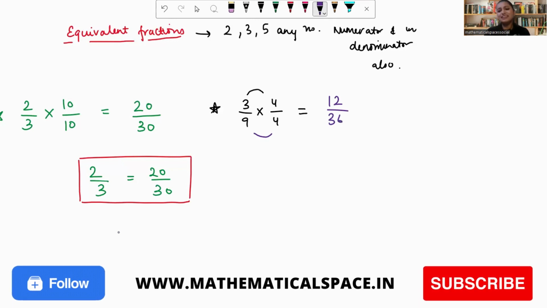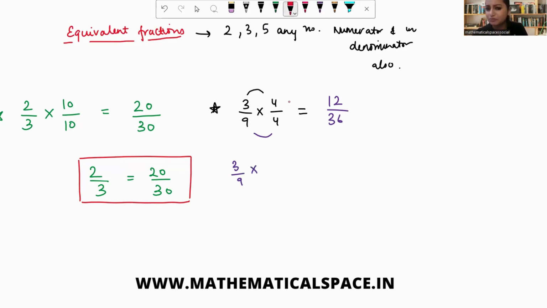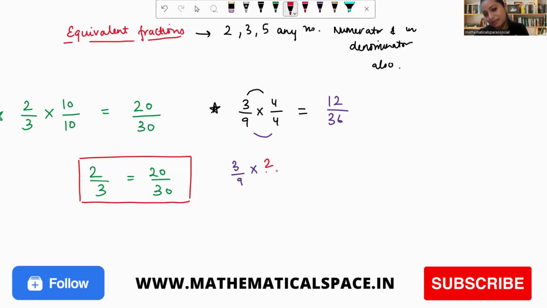Then someone says, hey, can you find one more equivalent fraction for 3 by 9 apart from 12 by 36? And I would be like, yes, why not? Let me explain how to do it. So write 3 by 9. Now multiply with any other whole number apart from 4. Can we multiply by 2? So what do I get? I get 3 times 2, which is 6. 9 times 2, which is 18.